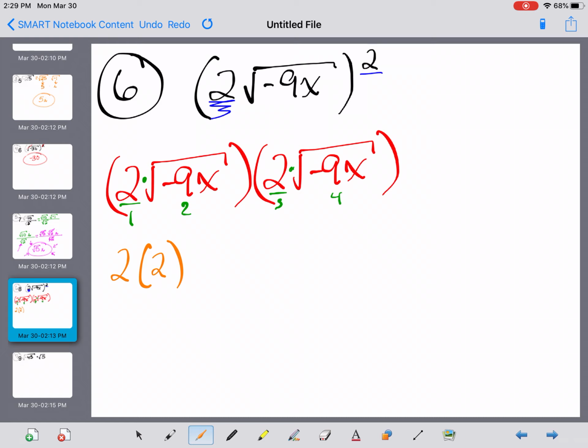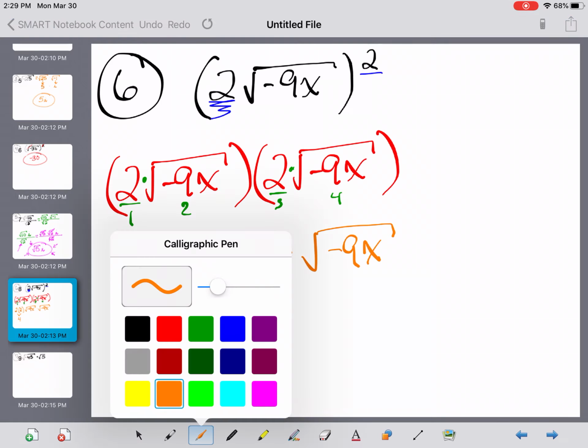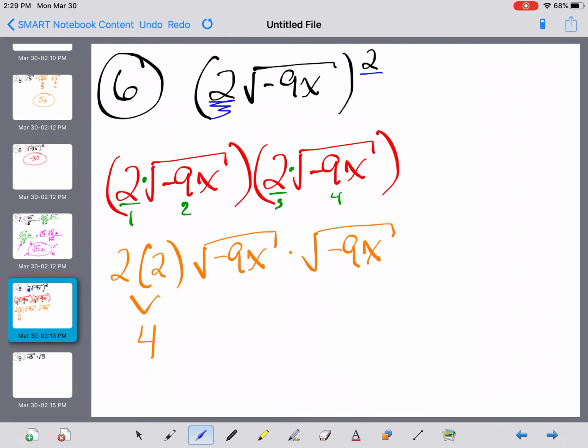And then we have the square root of negative 9x times the square root of negative 9x. Ooh, but now we could rewrite that as squared, and that'll help us. So that goes to 4, and then we'll just do it like this, the square root of negative 9x squared.